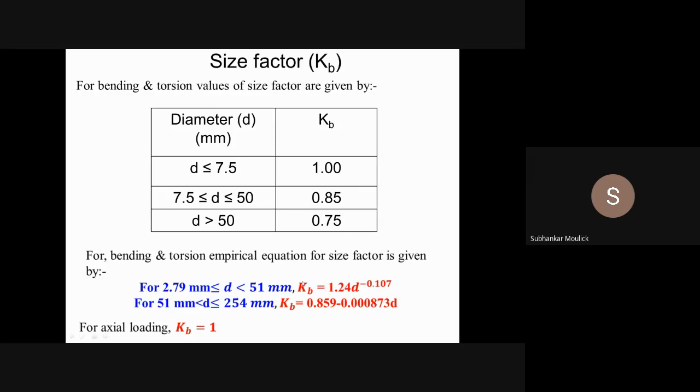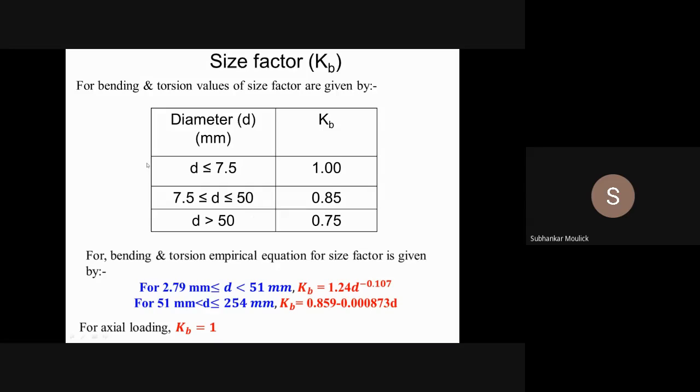But remember, you have to use this equation only when it is written in the problem to use the empirical equation. If it is not written, then you can check this chart and accordingly substitute the value of KB.